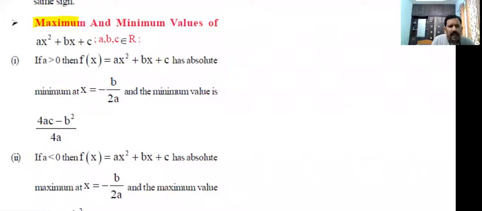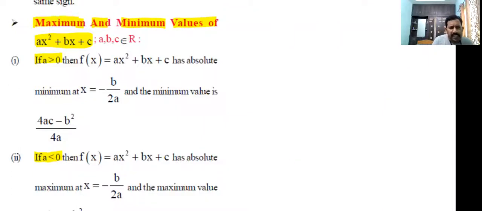Maximum and minimum values of ax square plus bx plus c. Here observe the cases: if a greater than 0, if a less than 0. By observing the a value, we will decide whether the given function has a maximum or minimum.